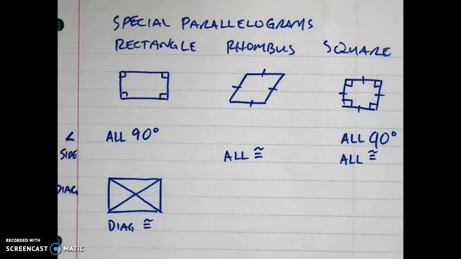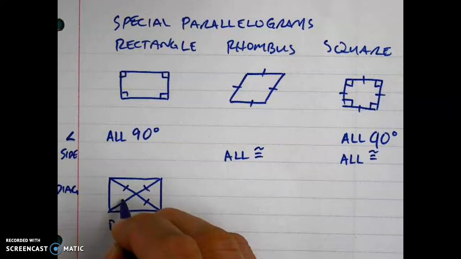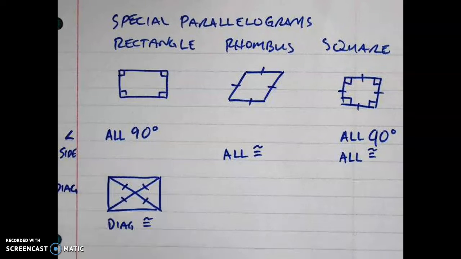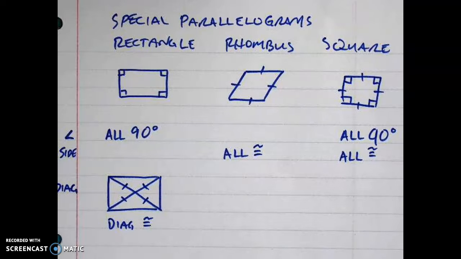If the diagonals are congruent and they bisect each other, because it's a parallelogram, you also know that these are equal to each other. All four of these pieces will be equal. So if I double this small piece, I get the big piece. If I take the big piece, divide by 2, I get the small piece.